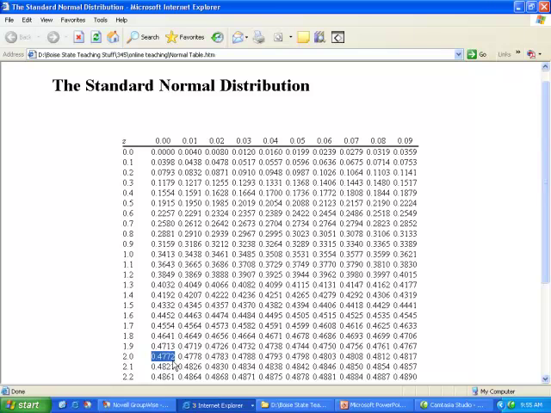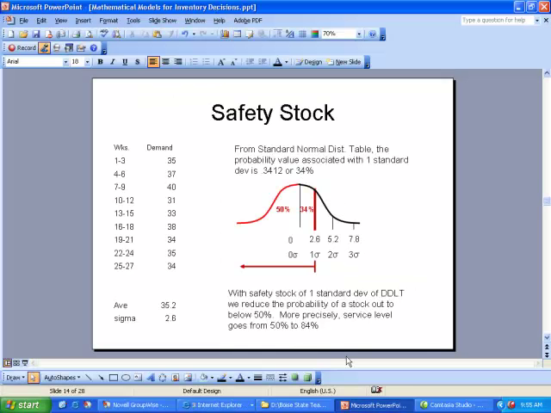You can see that the probability value associated with that is 0.47 or about 47%. So we've got 50% to the left plus 47% now to the right, so that would be about 97%. So there's about a 97% chance that demand is going to be less than or equal to the average plus two standard deviations.